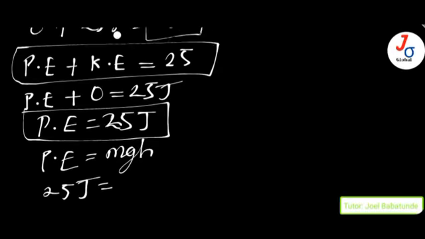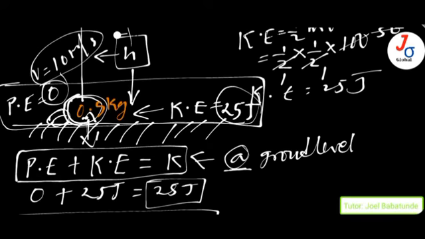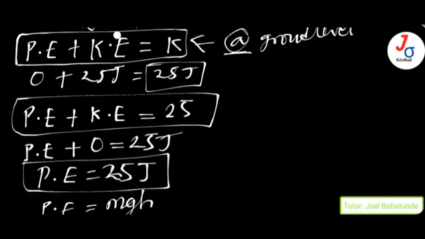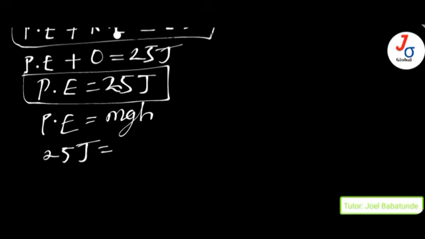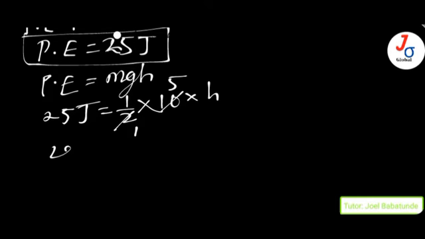And what's the mass of the stone? The mass of the stone is 0.5 kilogram. I'm going to write that as a fraction: 1/2, multiplied by acceleration due to gravity, which is 10, then multiplied by h. So we have 25 equals 5h.